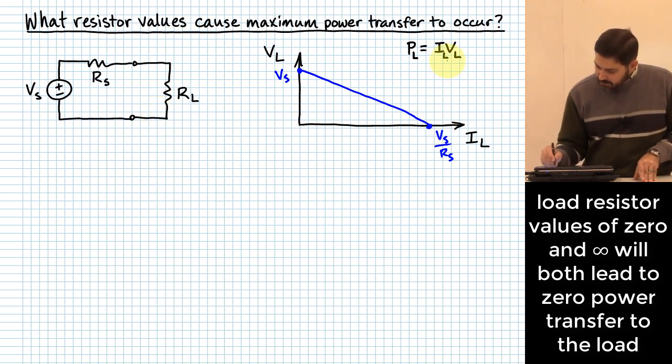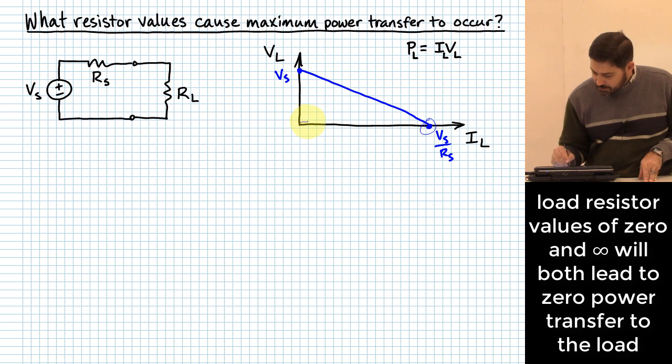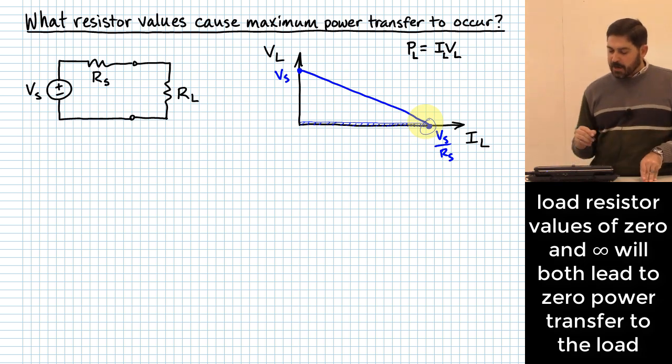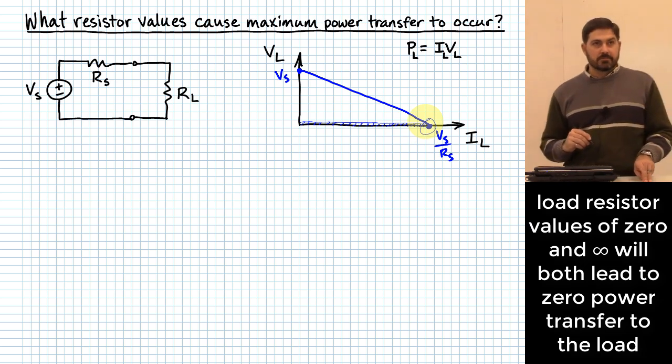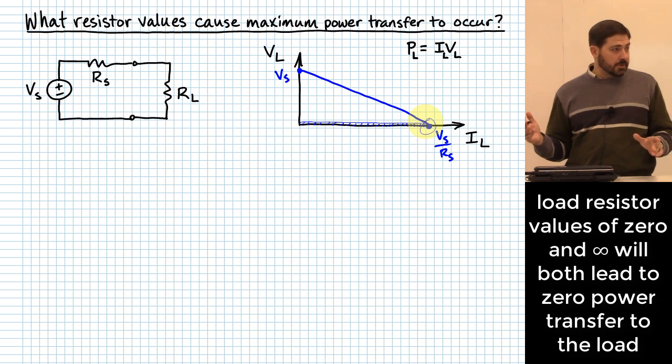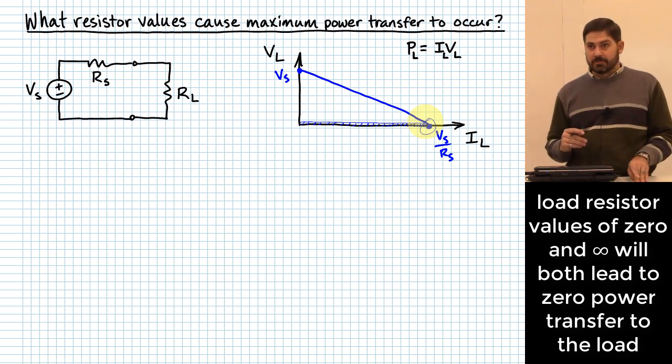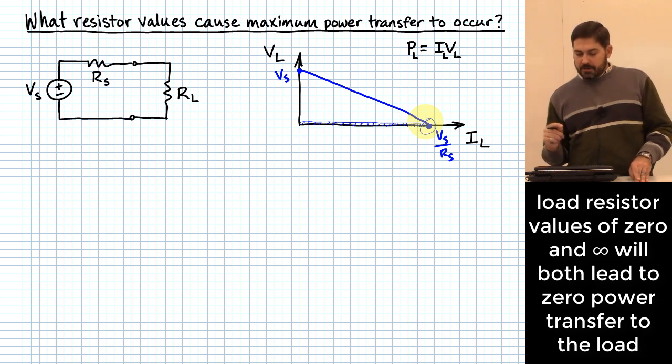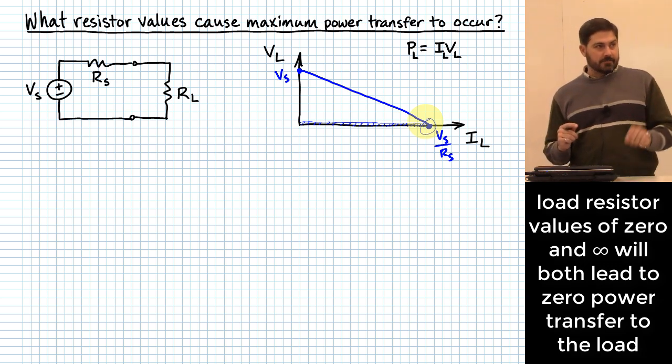Okay, if we get RL going close to 0, that's going to be down here at this end. And the power that's going to be delivered, you could represent it graphically with a little rectangle here, right? But because you're getting very close to 0 amount of voltage, how much power gets delivered? As it approaches 0, you're going to approach 0 power delivered, right? What happens if you let RL approach infinity?